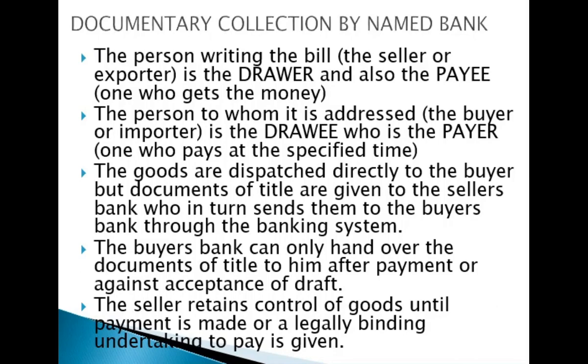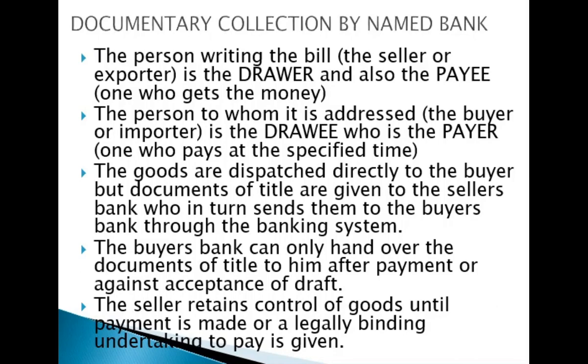Under documentary collection by named bank, the goods are dispatched directly to the buyer, but documents of title are given to the seller's bank, who in turn sends the documents to the buyer's bank through the banking system.